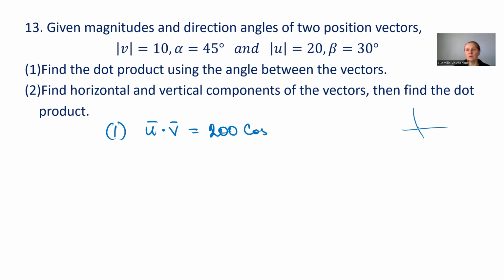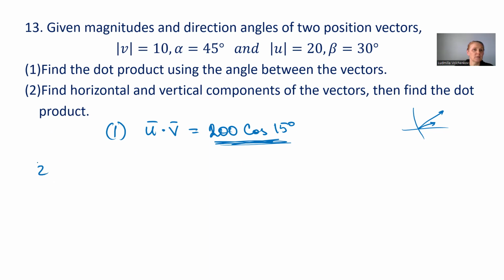So we have 30 and 45, the difference 45 minus 30, 15 degrees. You just need to submit this. You don't need to solve to find the value of cosine. Just use this formula and the answers look approximately like this.